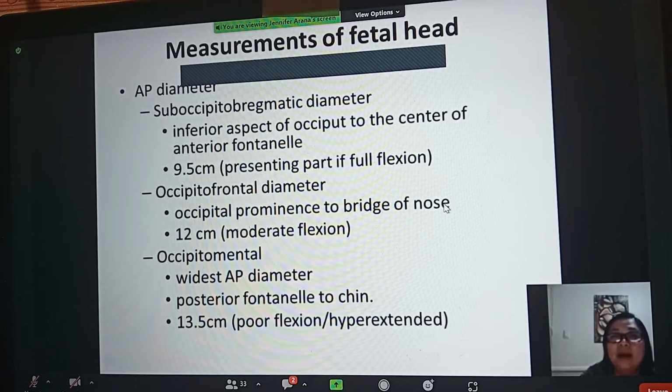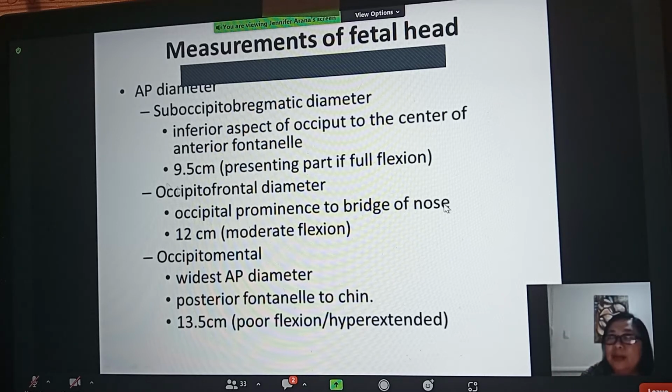We have the sub-occipital bregmatic diameter. This is measured from the inferior aspect of the occiput to the center of the anterior fontanelle. So, gikan sa occiput ngadto sa center sa anterior fontanelle. The average measurement is 9.5 centimeters.